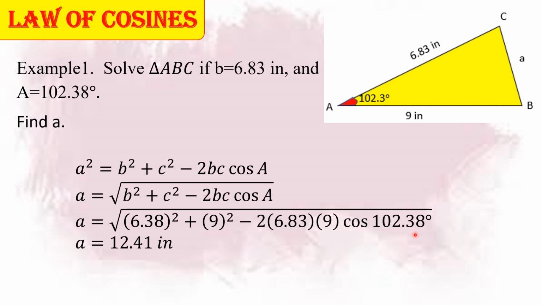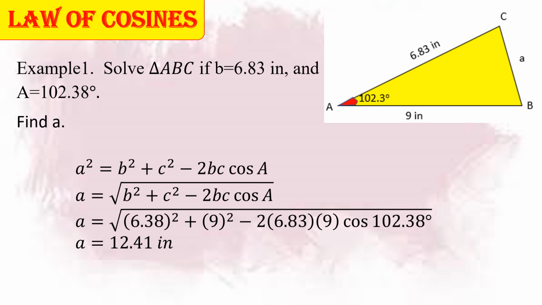First, I will go through the calculator with you. Okay, just get your calculators. And then, the square root of 6.83 squared plus 9 squared minus, first multiply 2, 6.83, and then 9.